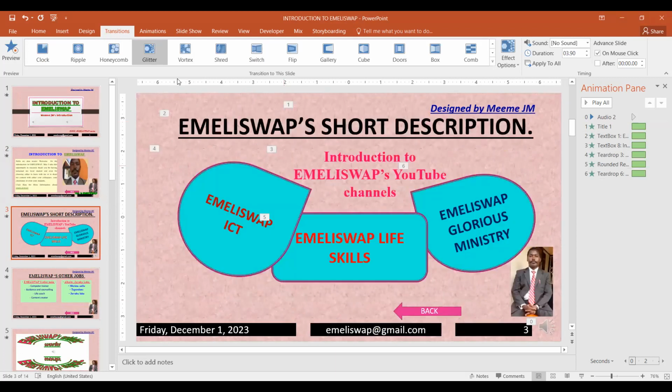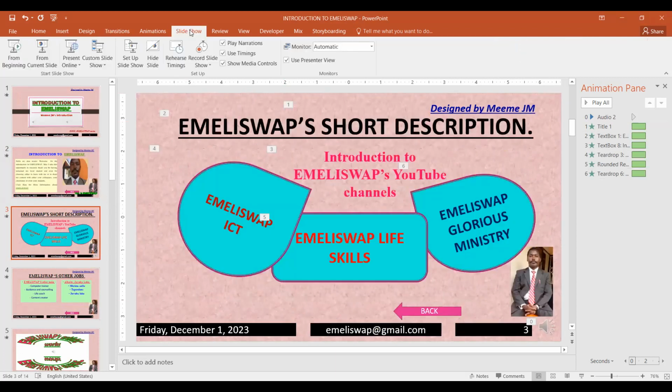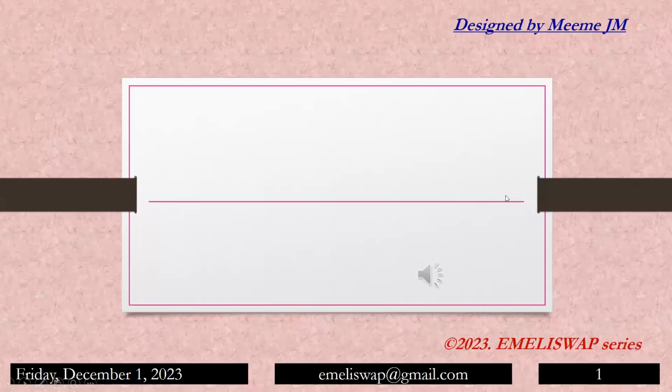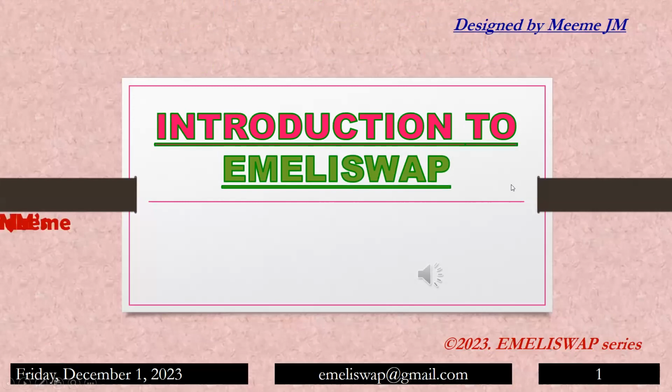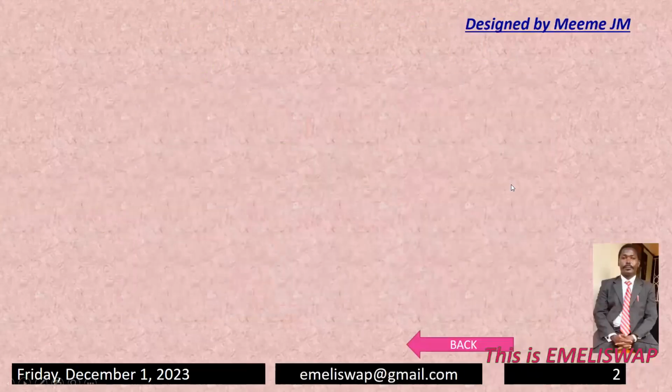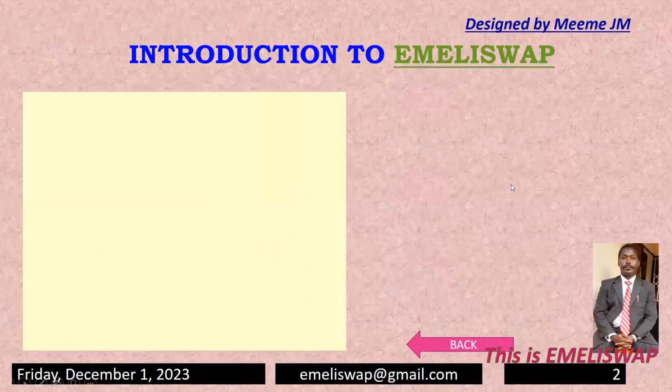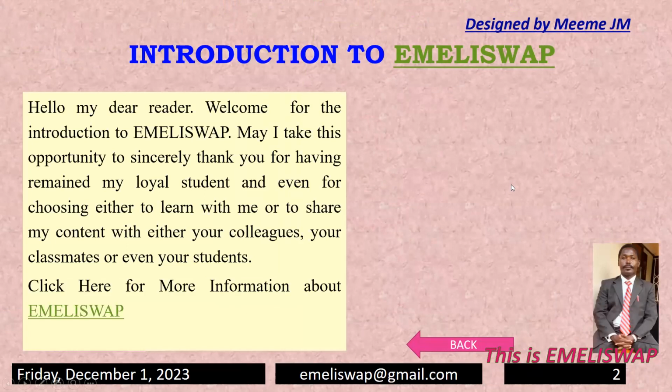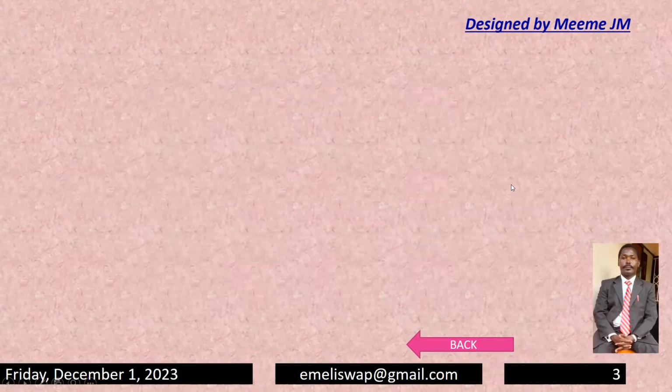Now, if I preview or view this show by clicking on the slide show, then from beginning, you can see that you have different transitions. Look at the way the slide will transit. You have seen how it has transited?